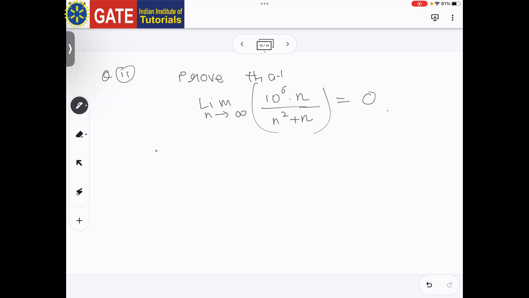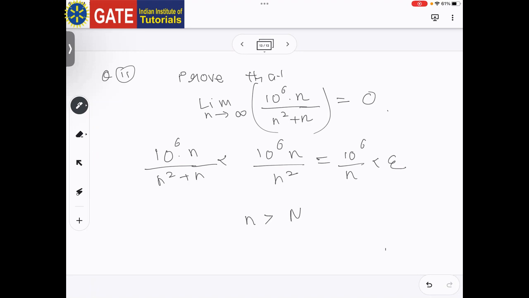Yeah, so 10 raised to the power 6 times n by n square plus n is lesser than 10 raised to the power 6 into n by n square. Then this is the same as 10 raised to the power 6 by n, which is lesser than epsilon. So your n has to be greater than capital N, which is equal to the greatest integer of 10 raised to the power 6 by epsilon. Okay.